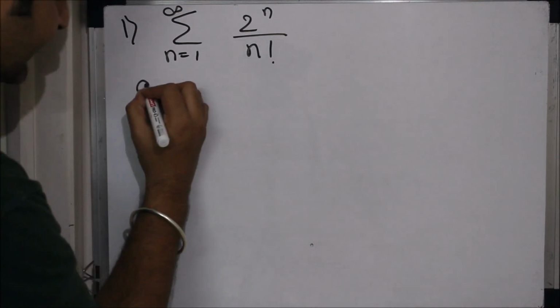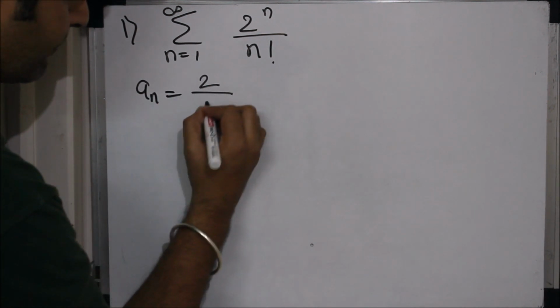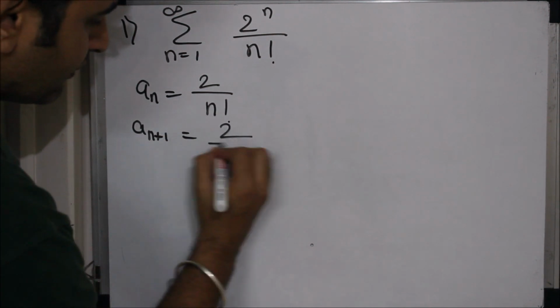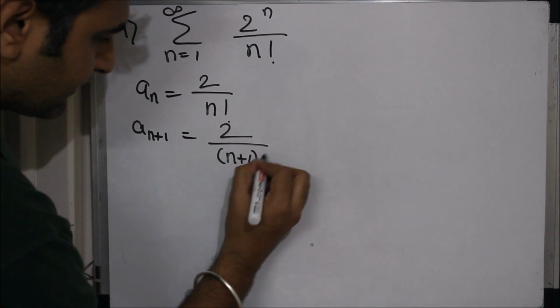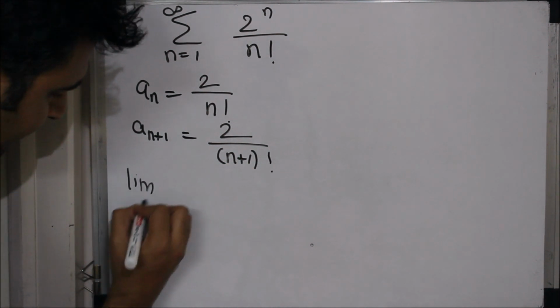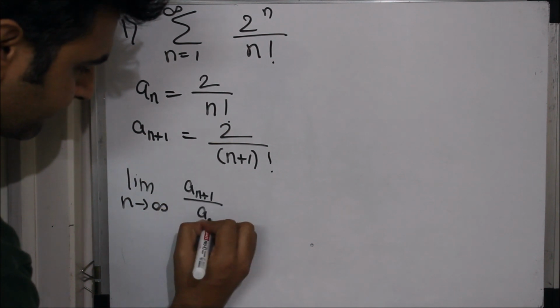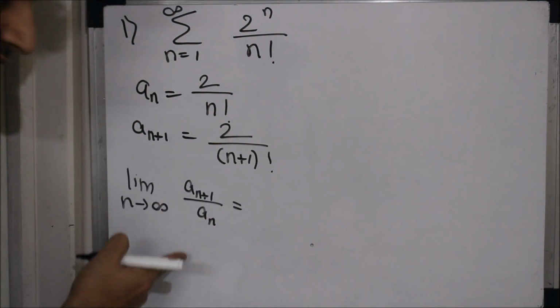So here what is my a_n? My a_n is nothing but 2^n upon n factorial. What will be my a_(n+1)? It will be 2^(n+1) upon (n+1) factorial. So if you take the limit as n goes to infinity of a_(n+1) upon a_n, don't interchange, don't take a_n upon a_(n+1).